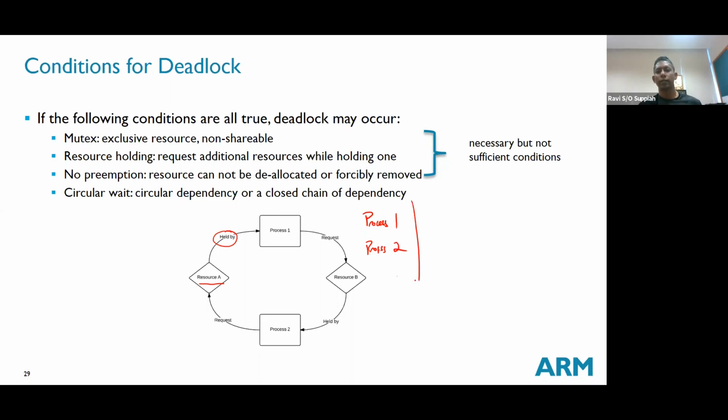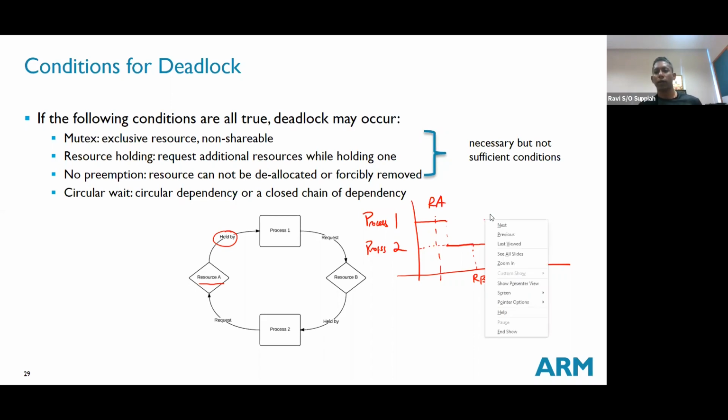If you look at it in a timeline, process one is running and then it acquires resource A. At some point, maybe there's a context switch and process two can run. When process two runs, it acquires resource B. After a while, maybe there's another context switch back to process one.